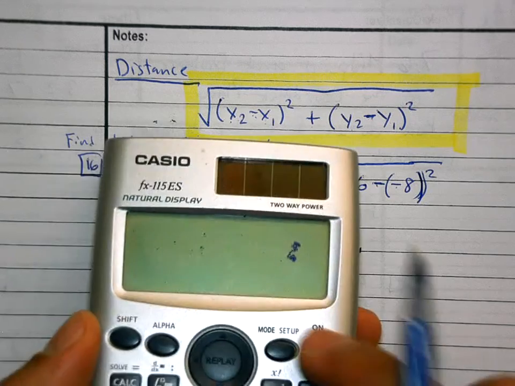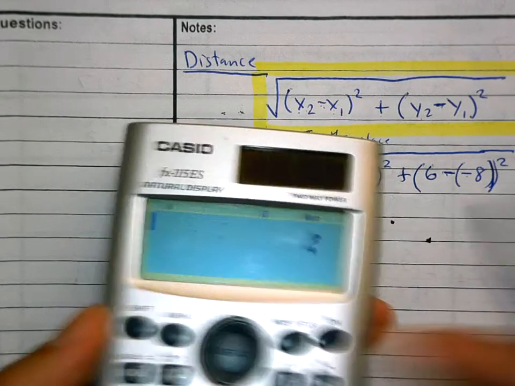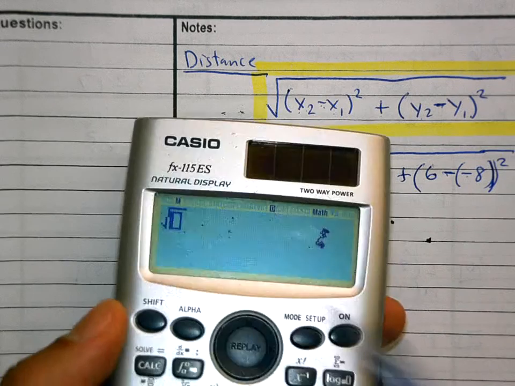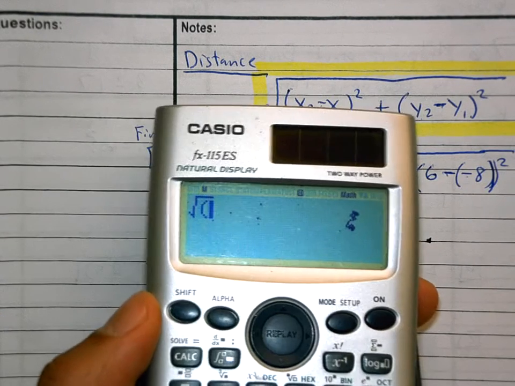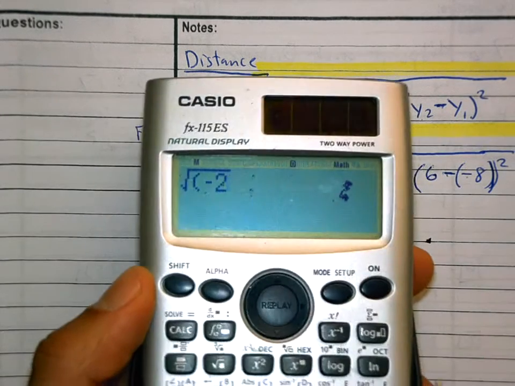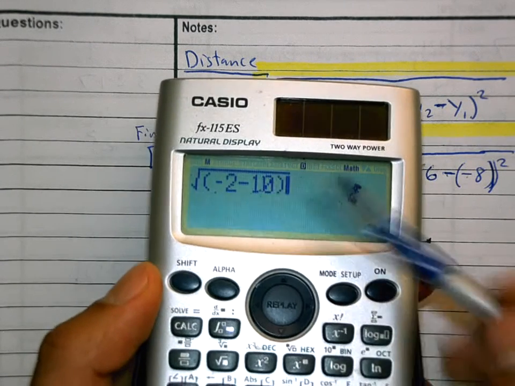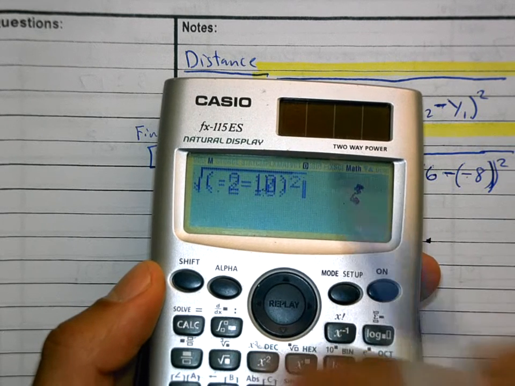Literally, what I'm going to recommend is you press the square root button. See how you have a square root button? Then I see parentheses, right? So I'm going to put parentheses, -2 minus 10, squared. It will square that.